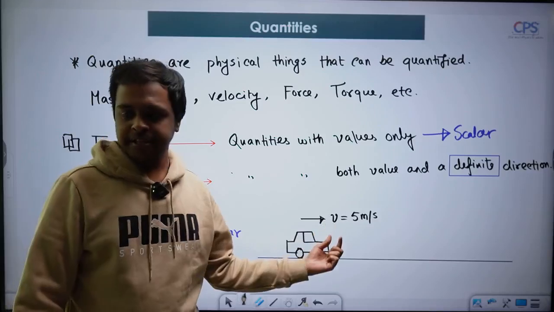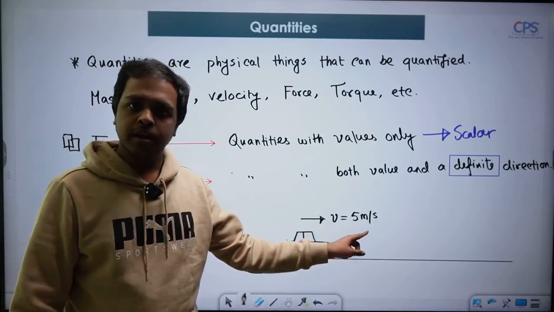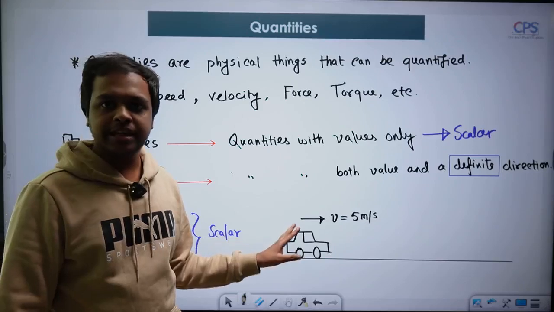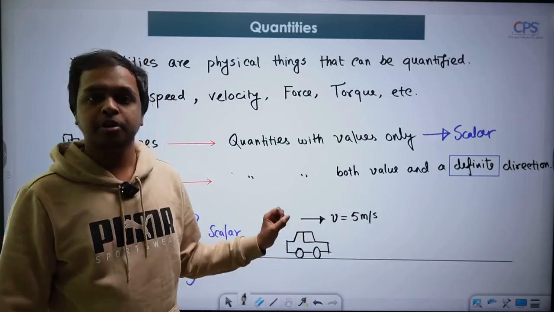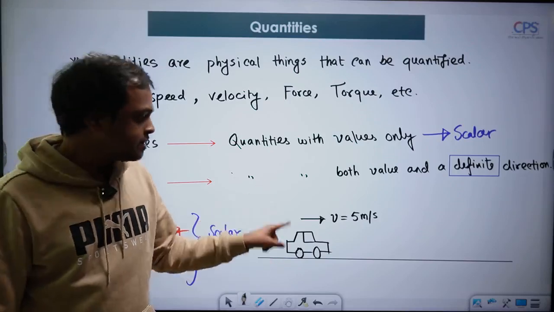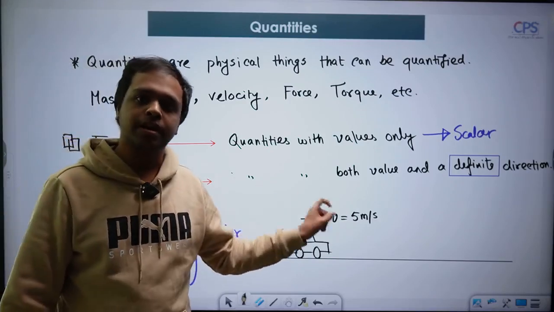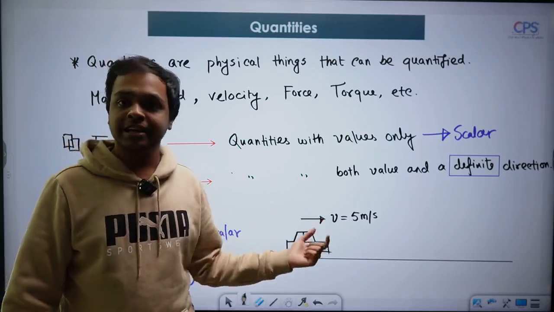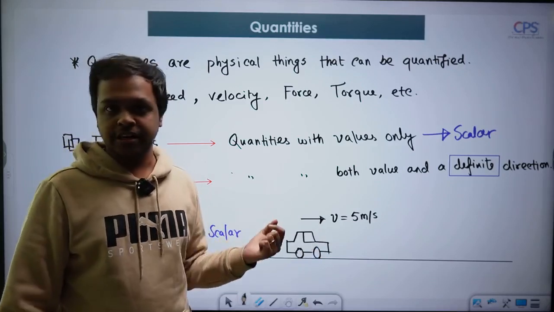In this velocity, there is a value and also a direction with it, the rightward direction. I am not saying this is going in the leftward direction, right? I am saying this is going in the rightward direction. Correct? So these types of quantities are called vector quantities.